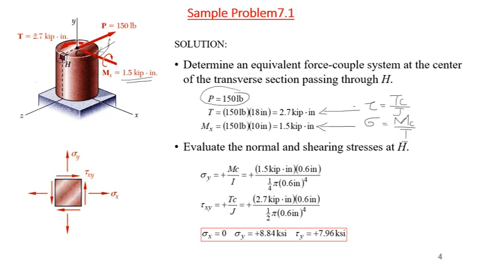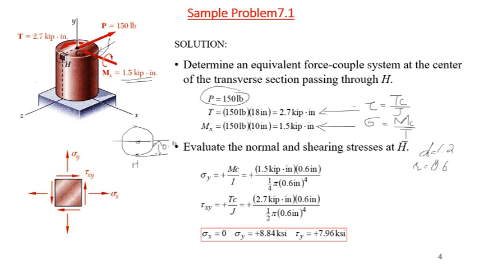So sigma y will be Mc over I. We know the value of the moment, and c: the total diameter was equal to 1.2 inch, so the radius is 0.6 inch, and the distance c will also equal the radius, because if you look at the circular cross section, this is point H and this is my center, so this distance is 0.6.